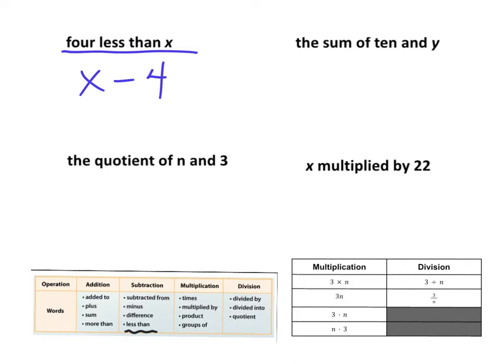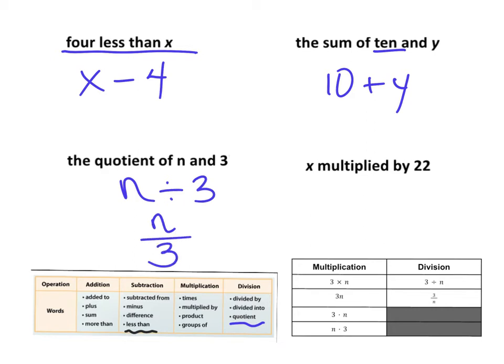The sum of 10 and y. Sum tells us we're going to be adding. And so we have our number 10, sum, and y. The quotient of n and 3, we can see quotient means division, so we can either do n divided by 3 with that division symbol, or n divided by 3 with the line.